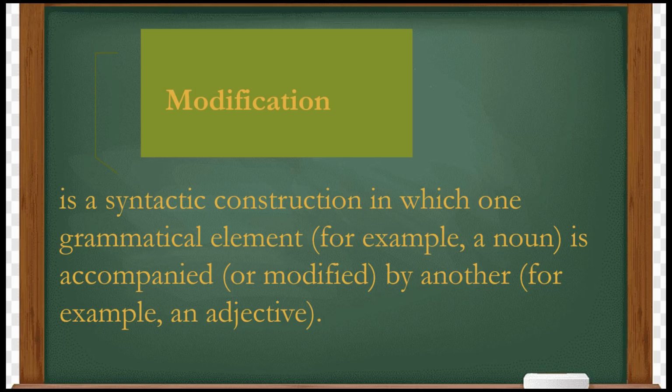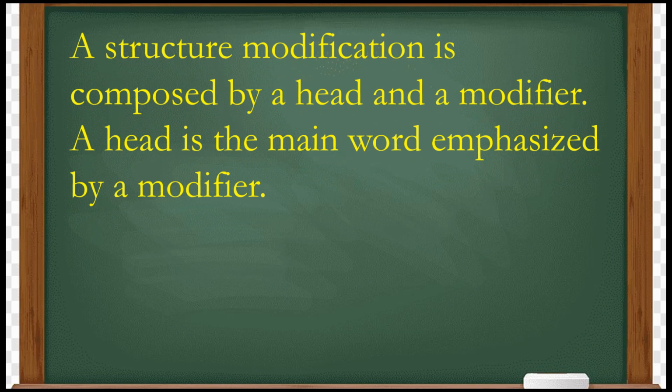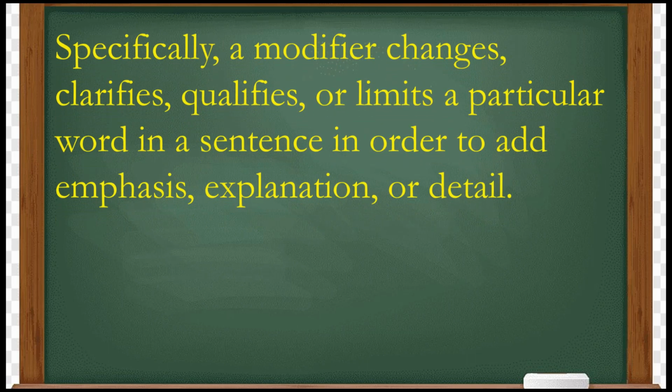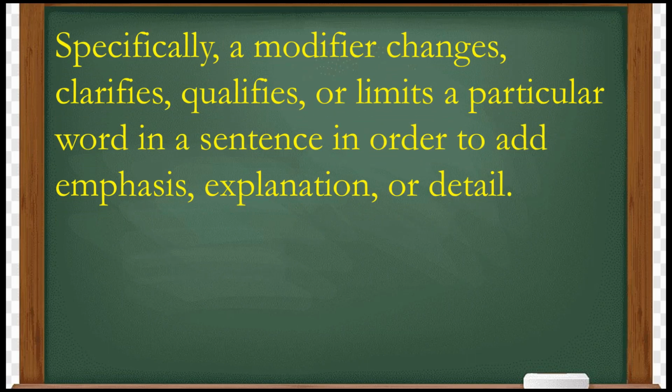Structure modification is composed of a head and a modifier. A head is the main word emphasized by a modifier. Specifically, a modifier changes, clarifies, qualifies, or limits a particular word in a sentence in order to add emphasis, explanation, or detail.